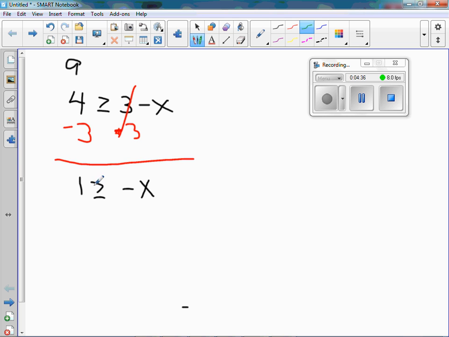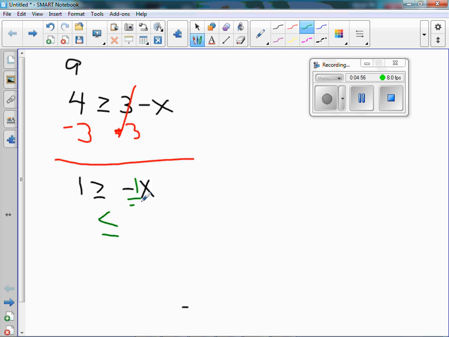So instead of it being a greater than or equal to sign, it would be a less than or equal to sign. Okay? And so in order to get rid of the negative by the x, that's understood to be a 1 there, we're going to divide by a negative 1.